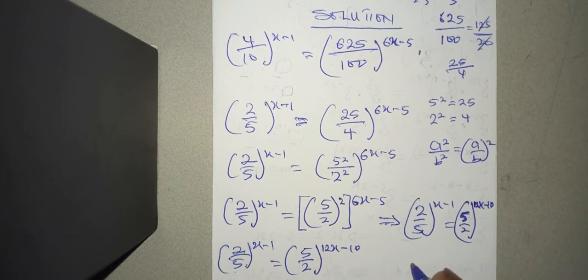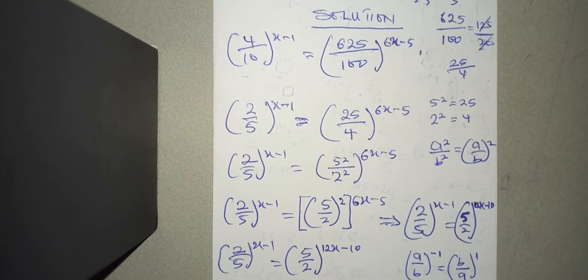Now you remember this: if you have (a/b) to the power -1, it is equal to (b/a) to the power +1.